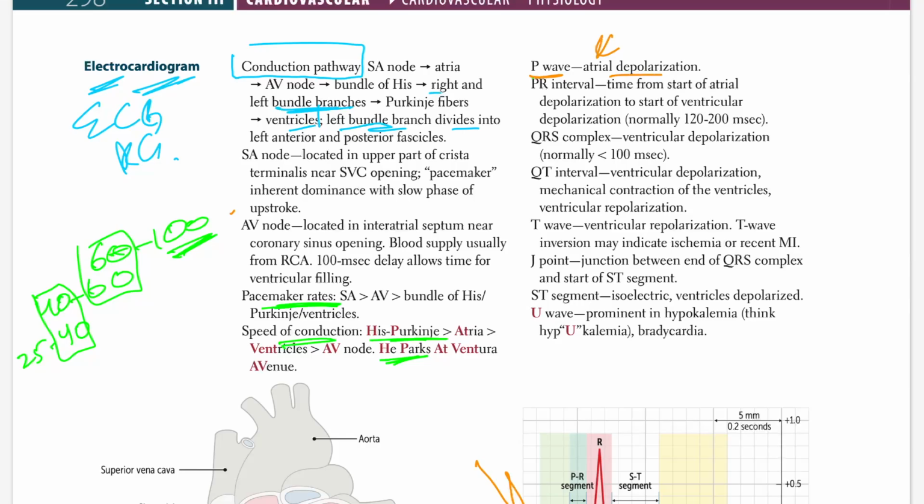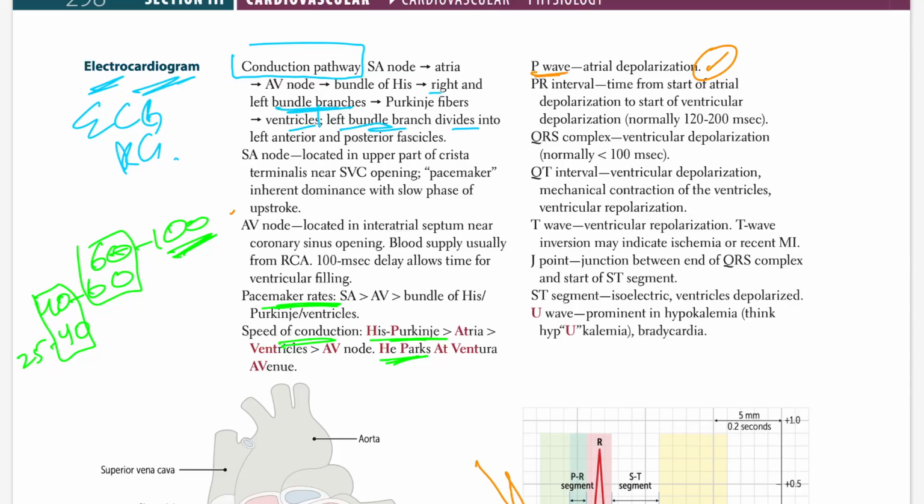That's the P wave. The second thing we look at is the PR interval, but let's just talk about some extra things and then we look at the normal. After looking at the P wave, okay, we have a proper P wave, we have atrial depolarization.